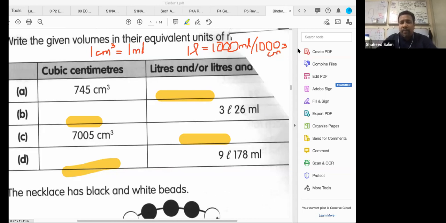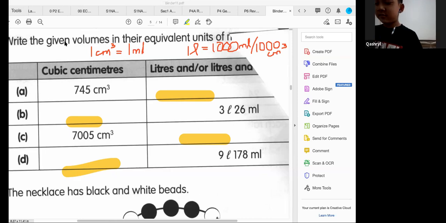ML. Okay, I think this one we need to, you just send your answer. Putri correct. Putra, not correct. Must be liters. Putra, yours 0.7545 liters. Okay, no problem. We will come to that in a moment. Putri, correct. Milliliters, sir. Milliliters.